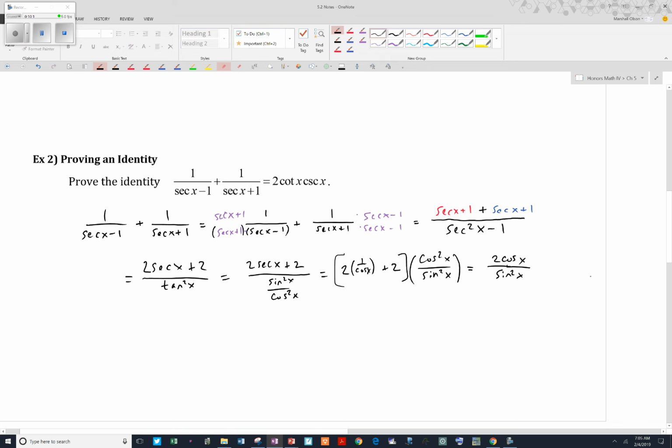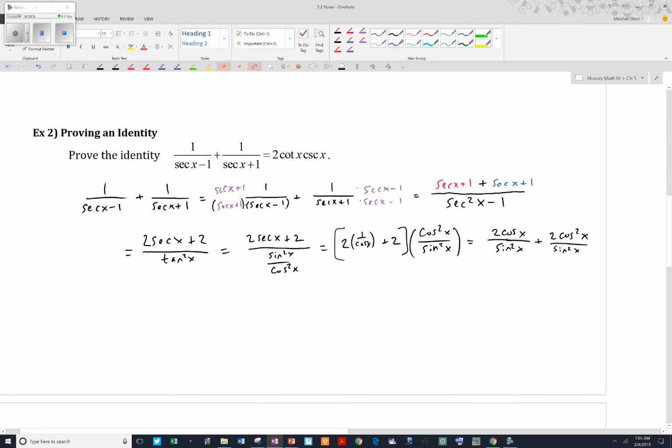And then in the next one, I'm going to have 2 cosine squared over sine squared. And actually, I just realized I need this to be one term. So I'm going to combine these into one fraction: 2 cosine of x plus cosine squared all over sine squared.